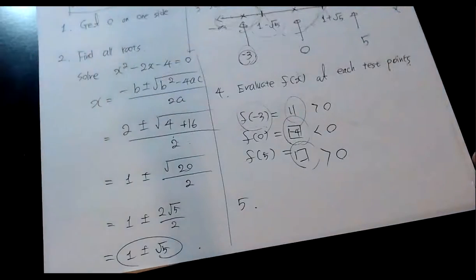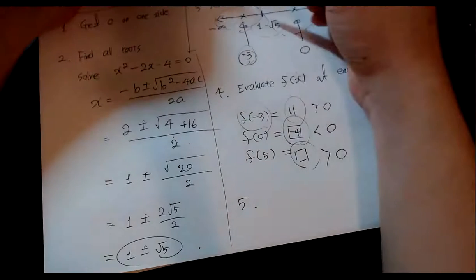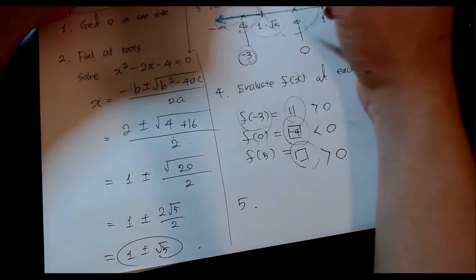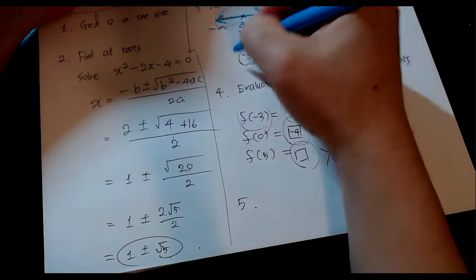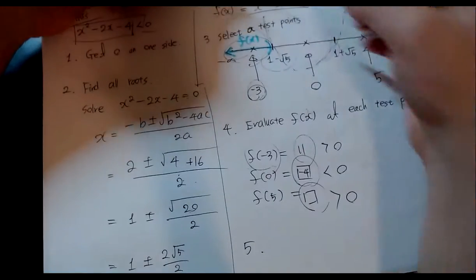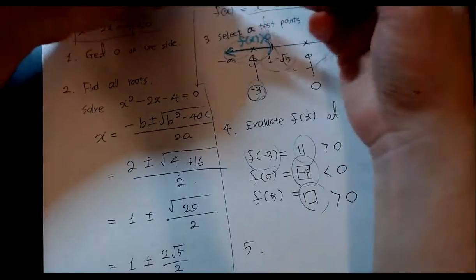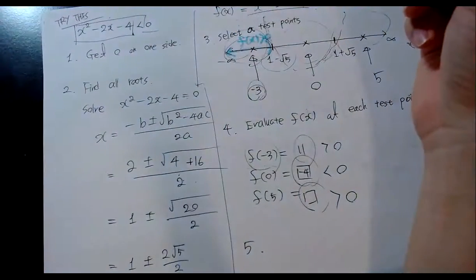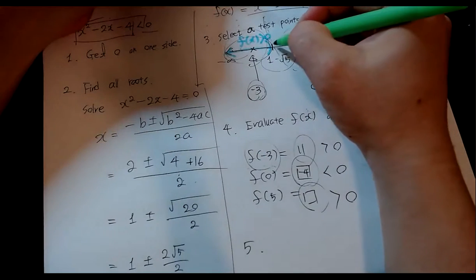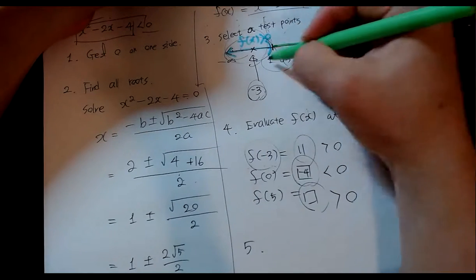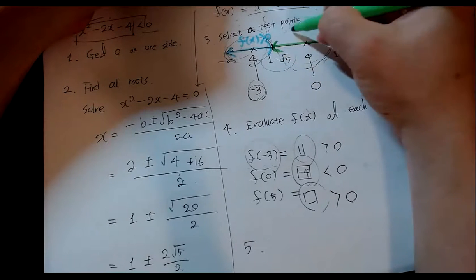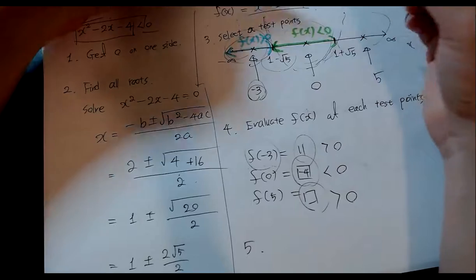So right here, in the interval from negative infinity to 1 minus square root 5, f of x is greater than 0. And between 1 minus square root 5 and 1 plus square root 5, f of x is less than 0.